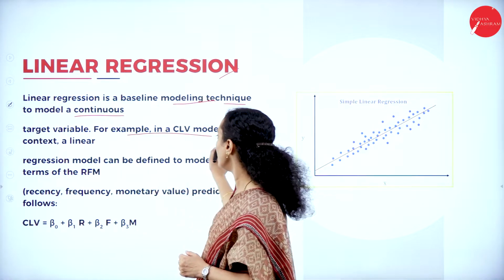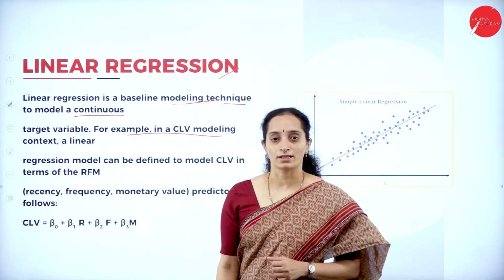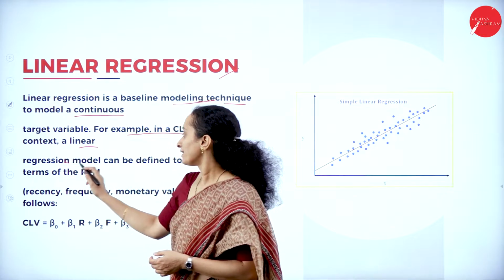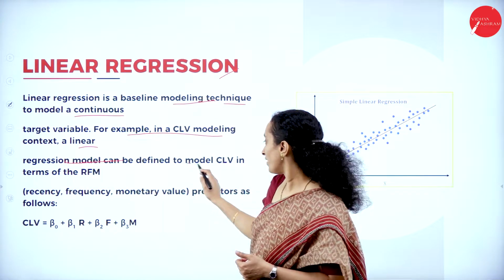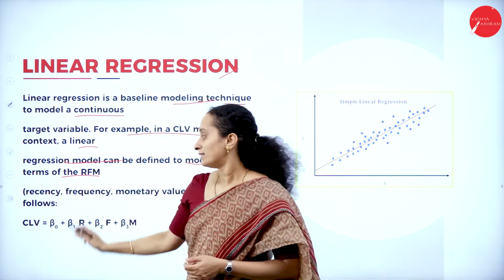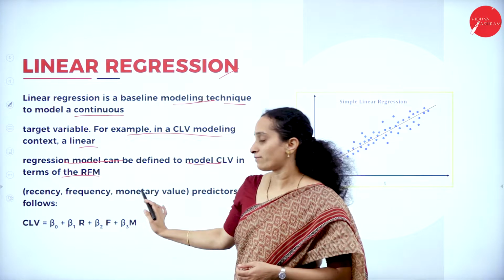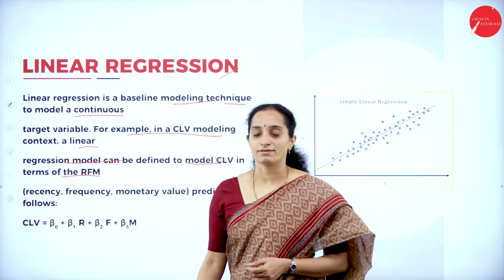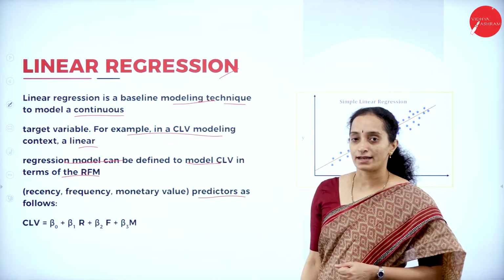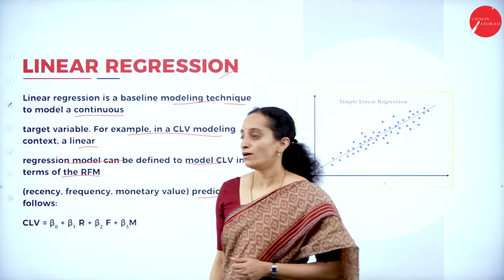For example, in CLV modeling, a linear regression model can be defined to model the CLV in terms of recency, frequency and monetary value. These can be used as the predictors for predicting the values.